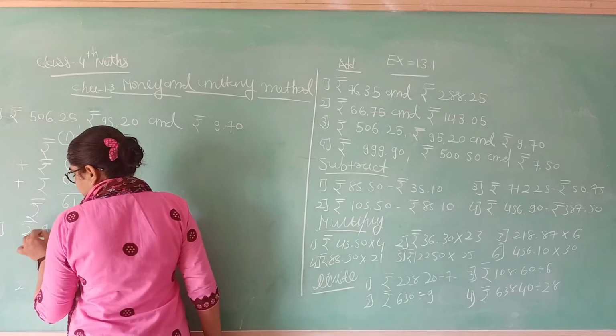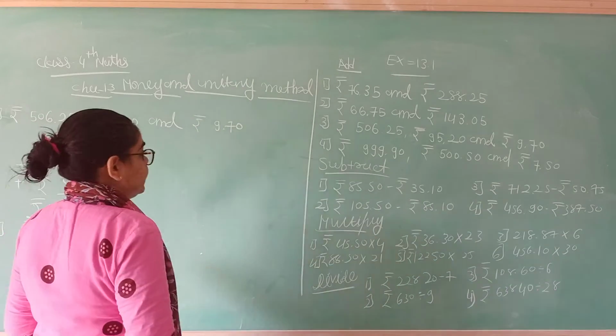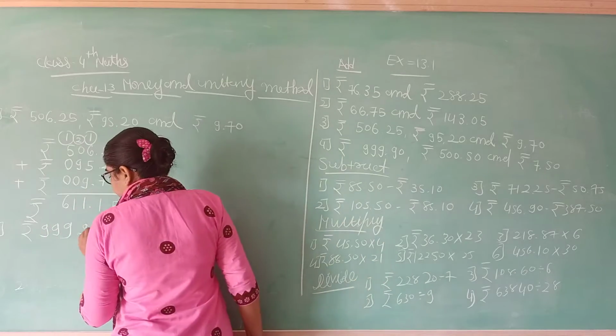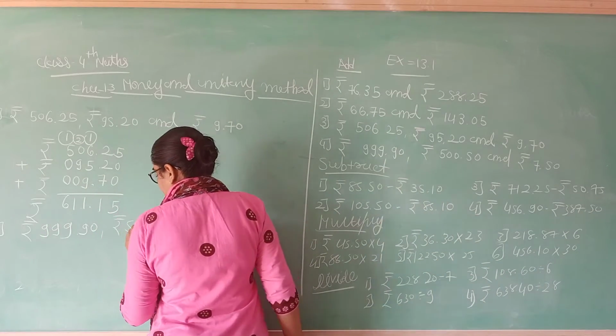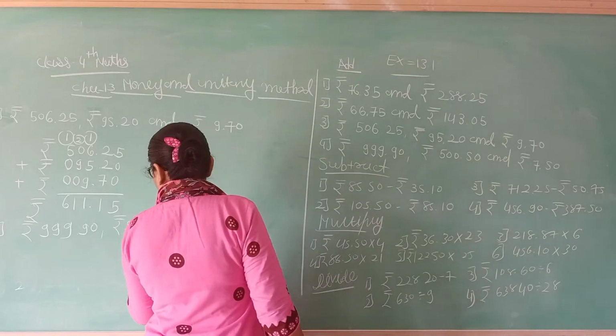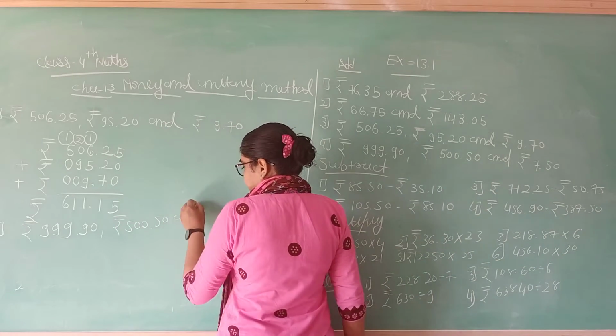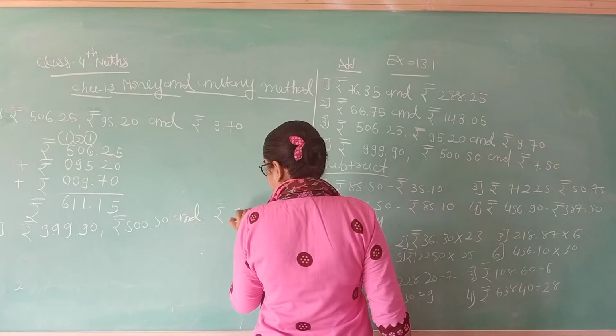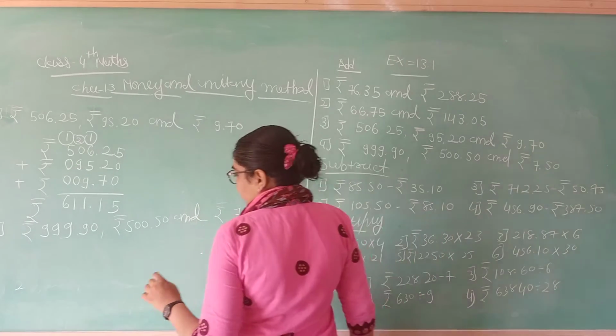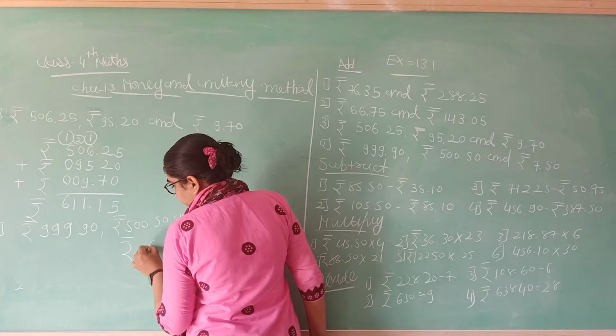Okay. Then next question number 4. Rupees 999.90. Then second one is 500.50 and third one is rupees 7.50. Okay, so same method here.